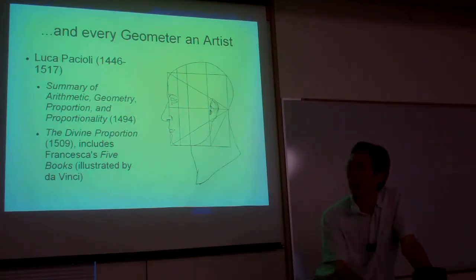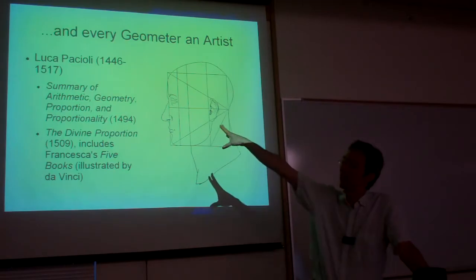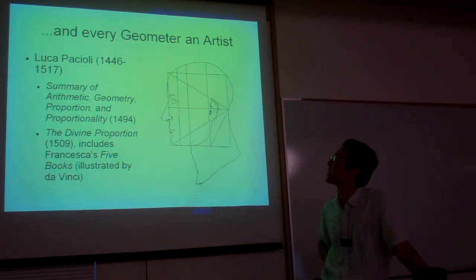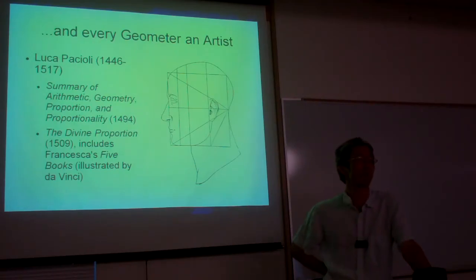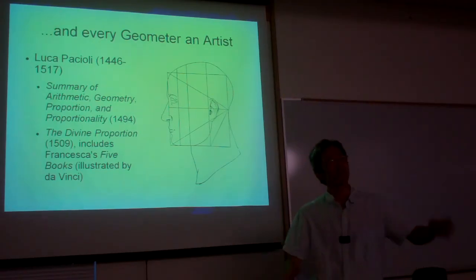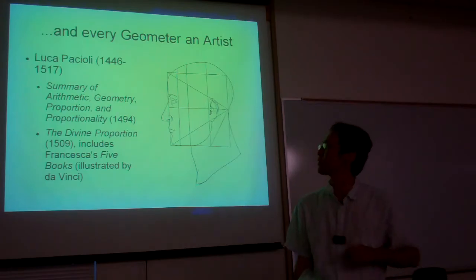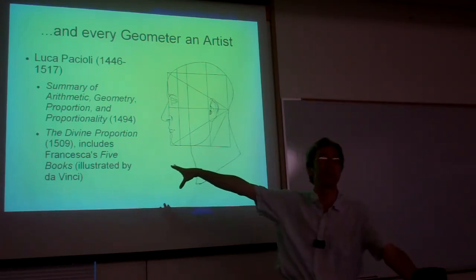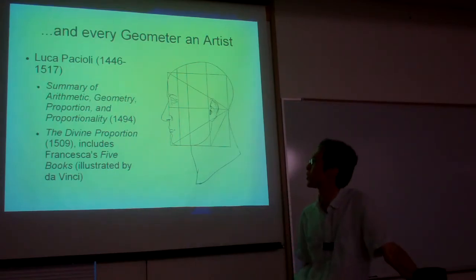And again, Luca Pacioli, primarily a mathematician, writes this thing called the Summary of Arithmetic, Geometry, Proportion, and Proportionality around 1494. This is a compendium of what you might view as practical mathematics. A few years later, he writes a very important book in the history of aesthetics called The Divine Proportion.